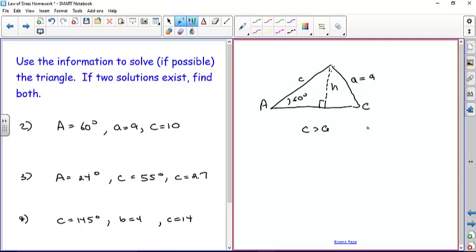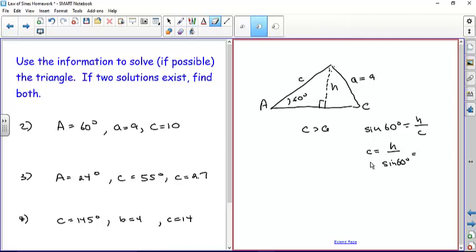And so what we would say is that the sine of 60 degrees is equal to h over c, h being the height, c being this side c.